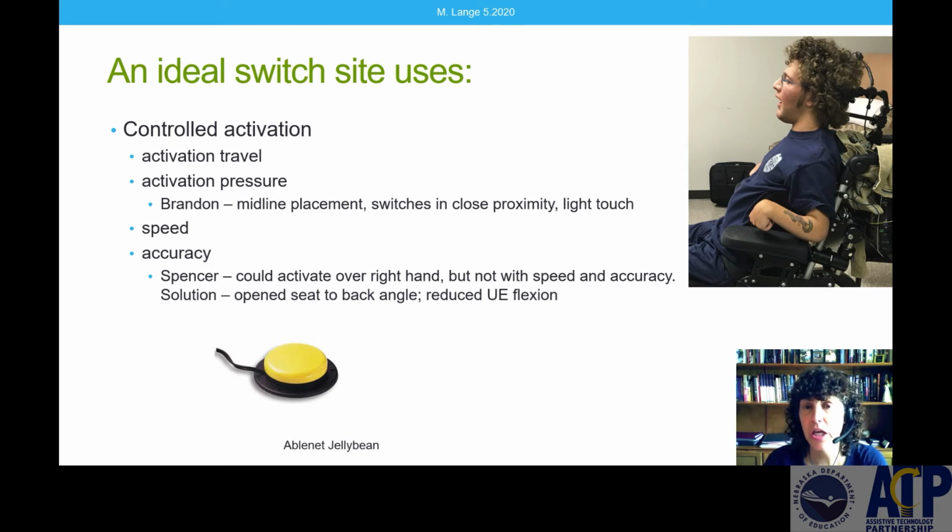So eventually he started using switches that were very light touch. They were midline to him and close into his body because that's where he had the most control. So the placement became very important and the type of switch site to allow him to have adequate activation pressure. If the switches were not in this location, even if he could reach them, he didn't have enough pressure to activate them. So there's a lot that goes into choosing the correct switch site and type.